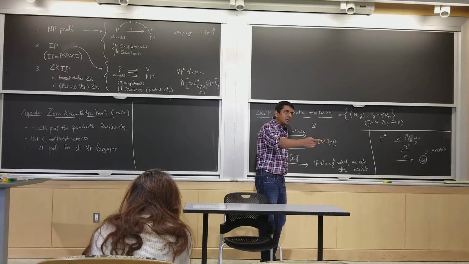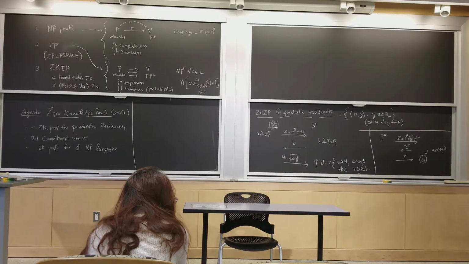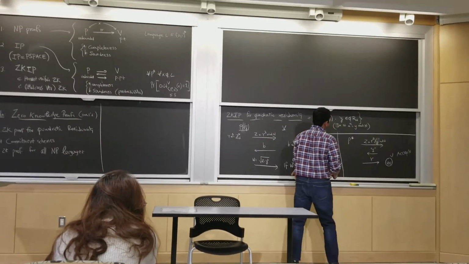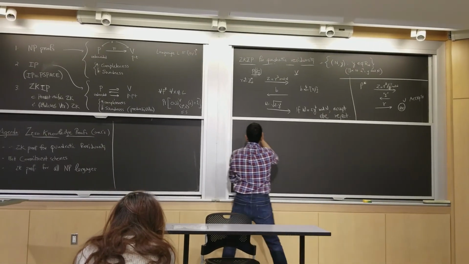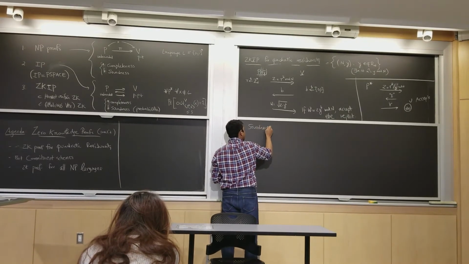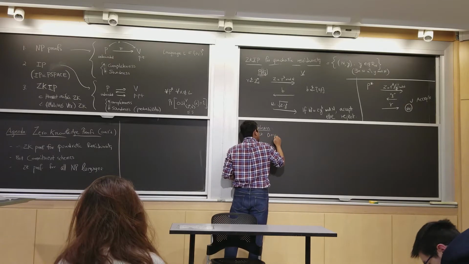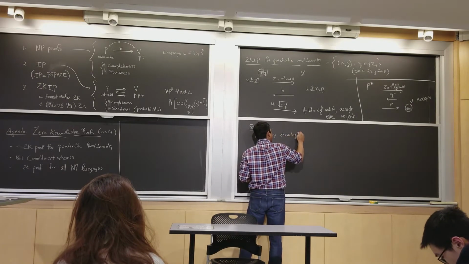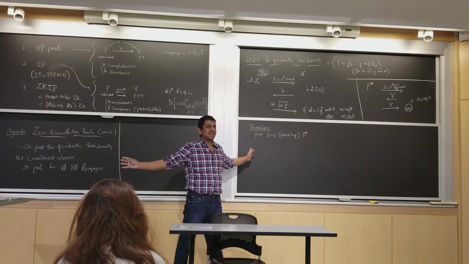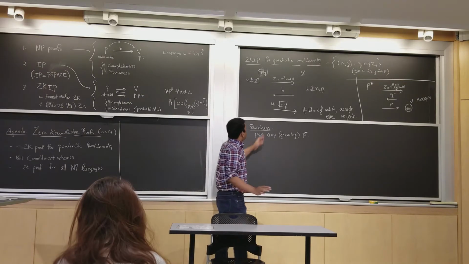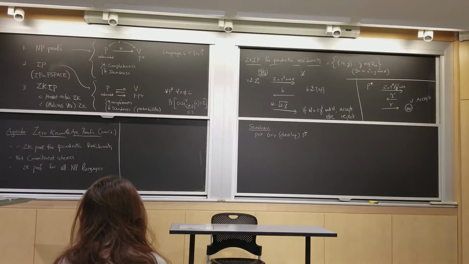Soundness is what we just argued, in a sense, which is that pick any potentially cheating P star. I don't care how computationally unbounded he is. Don't care. He sends a first message. Yes, Z. How did he come up with it? I don't know.